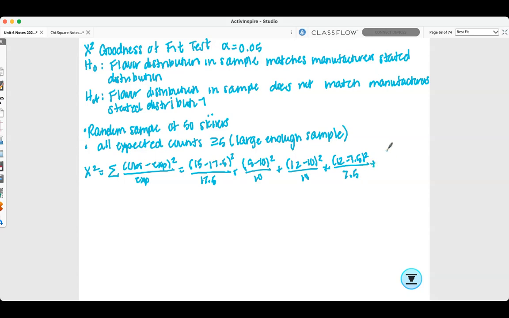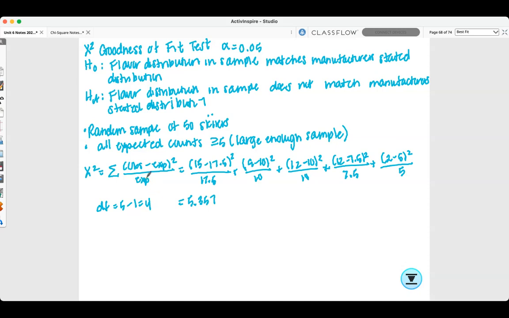Plus menthol, which would be 2 minus 5 squared all over 5. This equals 5.357. And my degrees of freedom here is 5 minus 1, which equals 4.